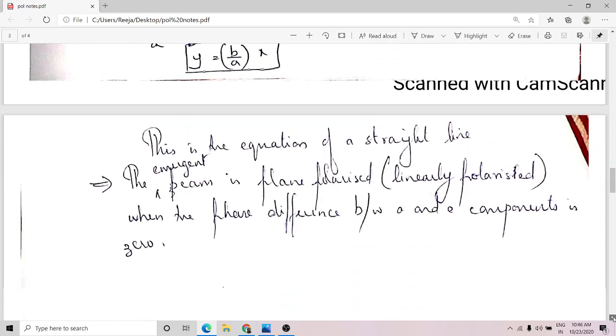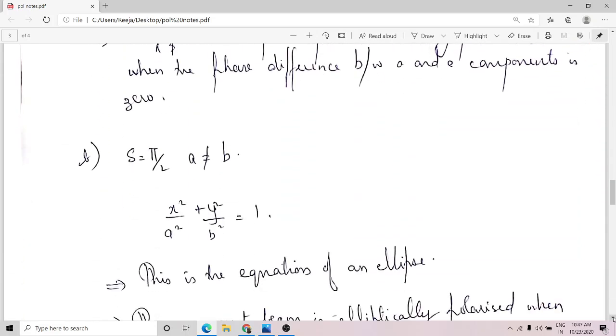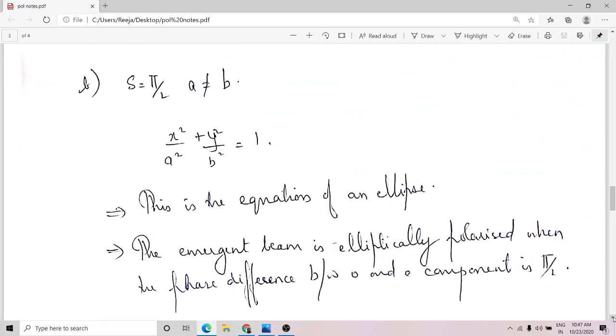So, how do you get elliptically or circularly polarized light? Based on that equation, which gives the path traced out by the polarized light when it emerges out of the doubly refracting crystal, we get that when delta, the phase difference between the O and E components, is equal to pi by 2 and small a is not equal to small b, that is, the amplitudes of the O and E components are not equal, then the equation reduces to that of an ellipse.